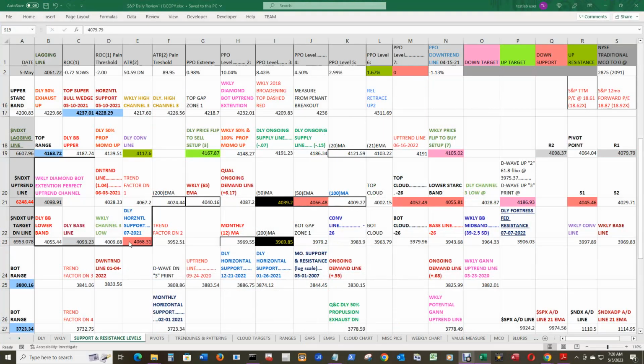So to the downside is the daily horizontal support, the 50 EMA, the top of the cloud 26 bars back concerning the lagging line, the lower Stark band, and S1. And to the immediate upside is the daily conversion line at 41.18, just about.